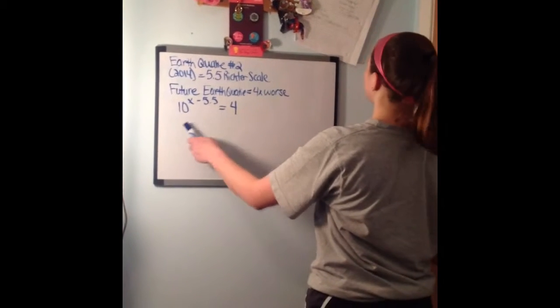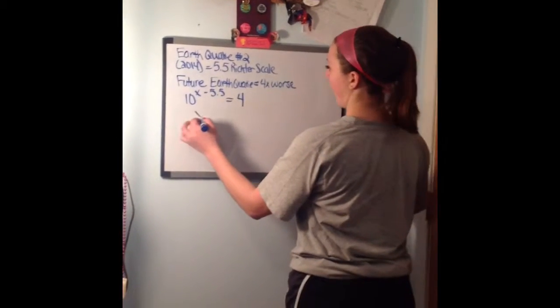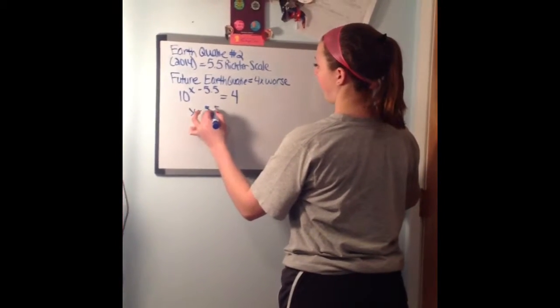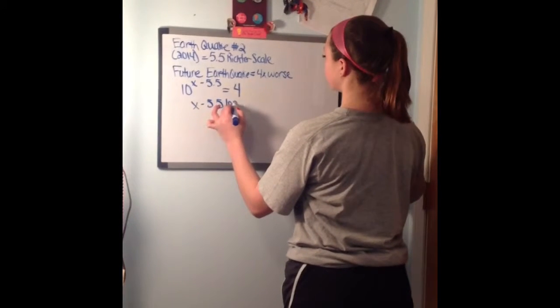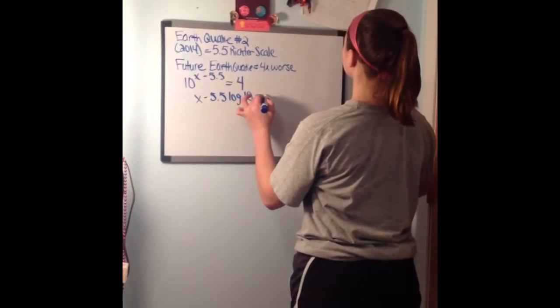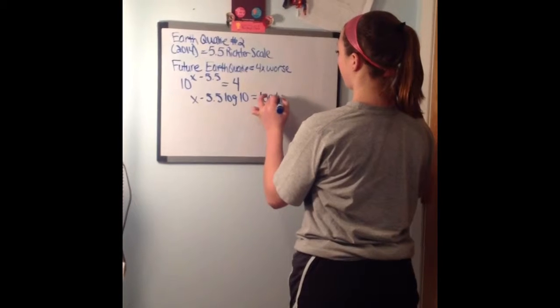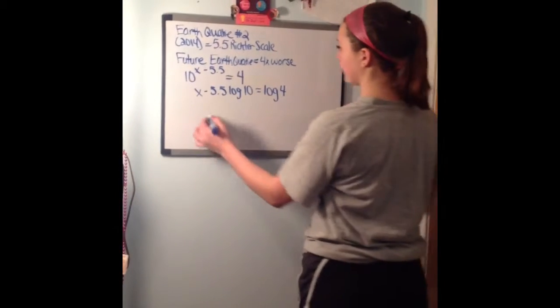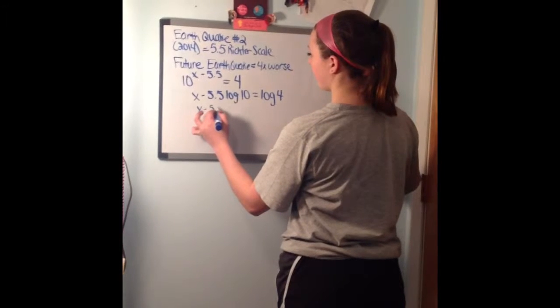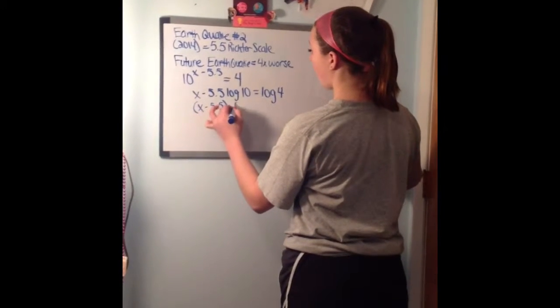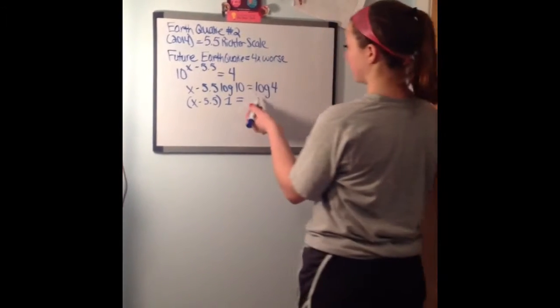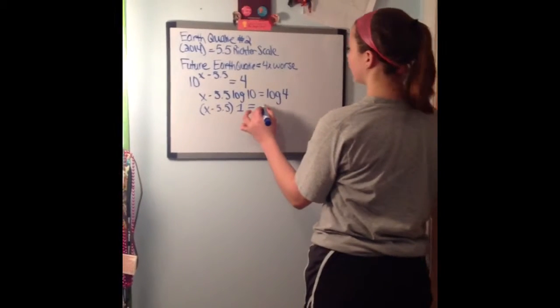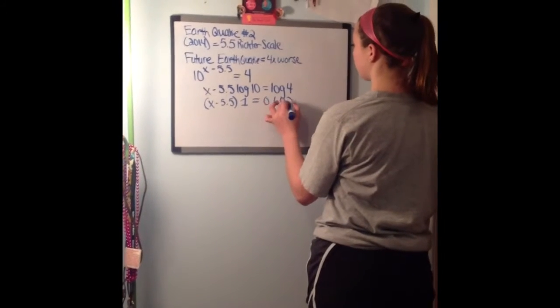So we're going to use this to kind of help us out, and we're going to do 10 to the x minus 5.5 equals 4, which gives us x minus 5.5 times log 10 equals log 4. So we know that log 10 is also equal to 1, so we're going to do x minus 5.5 times 1 equals, and we're going to insert that into the calculator, and you get 0.602.